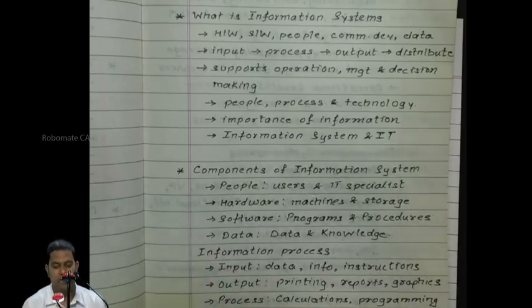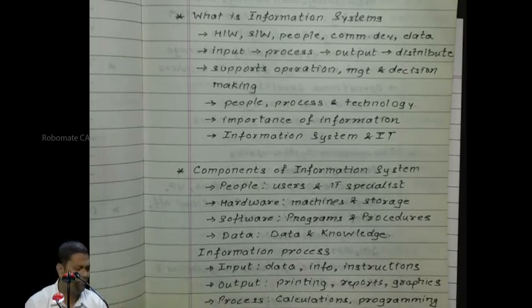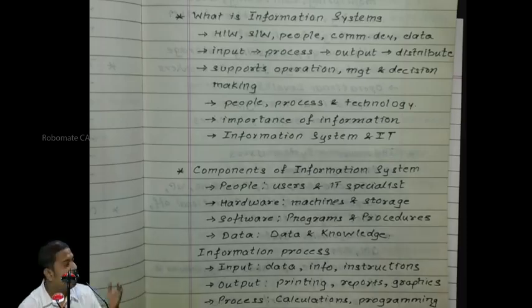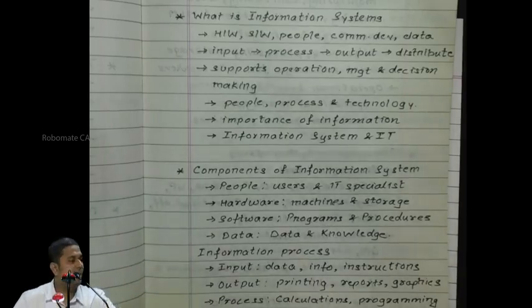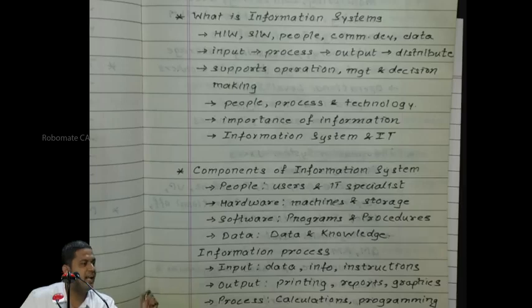The components. Number 1 is the people. I told you people are those individuals who are using this information. But when we talk about people, there are different types of people. Number 1 is the users. An end user who is punching the transaction inside a computing system is a user.